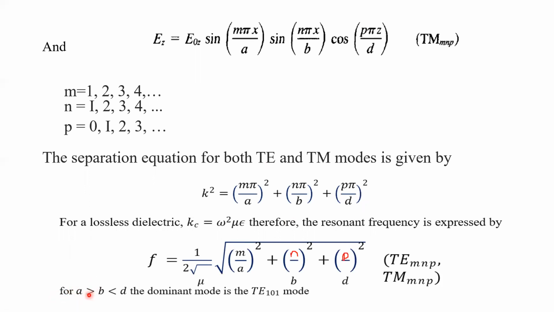In this, a is greater than b and b is less than d. The dominant mode is the TE101 mode.